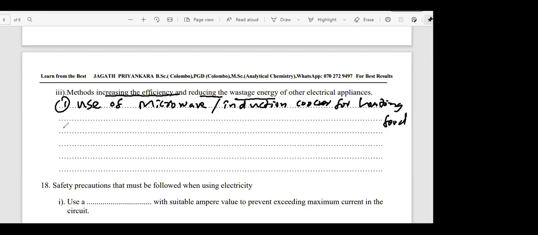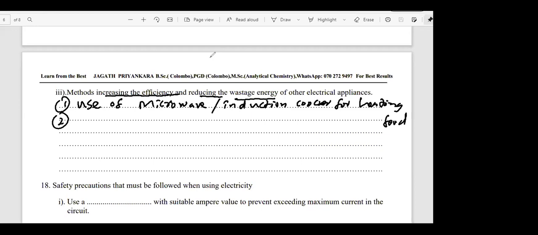Why efficient? No air pollution plus no heat loss to the environment like in the gas cooker. In a microwave, directly the food is heated, not the plate, not the container. In an induction cooker, the food is heated, not the container. So no heat loss compared to the traditional gas cooker or the firewood hearth.